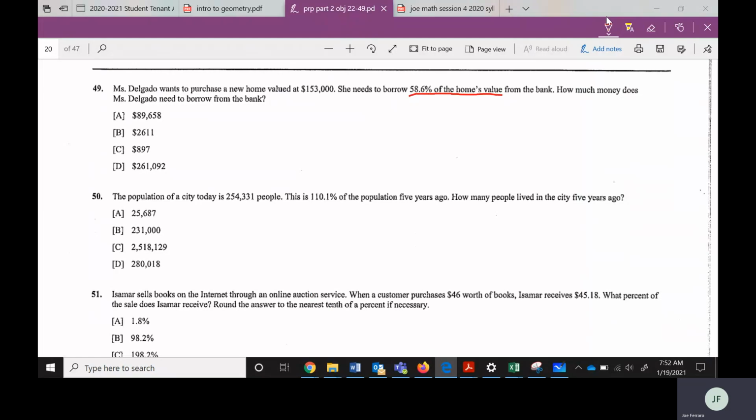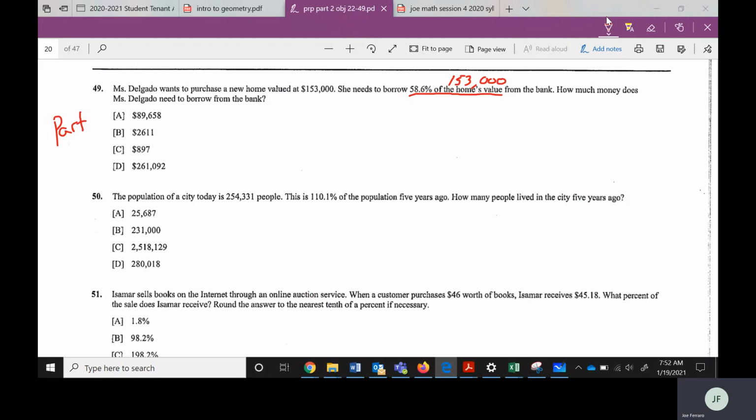So the home's value is right here. We could rewrite the sentence: she needs to borrow 58.6% of $153,000. That is the home's value. Okay, so now this is our sentence. That's the percent, and after the word of is the whole. So we are looking for the part.